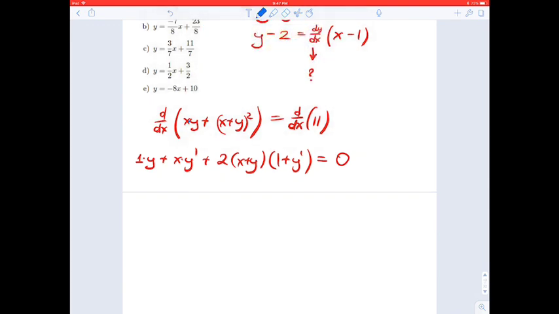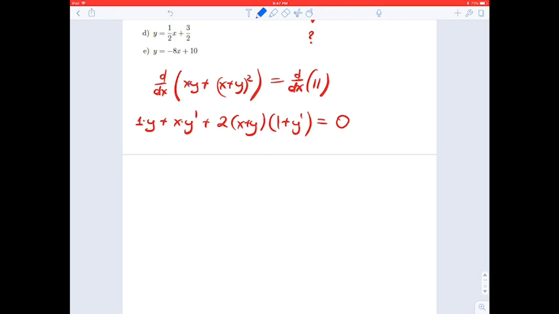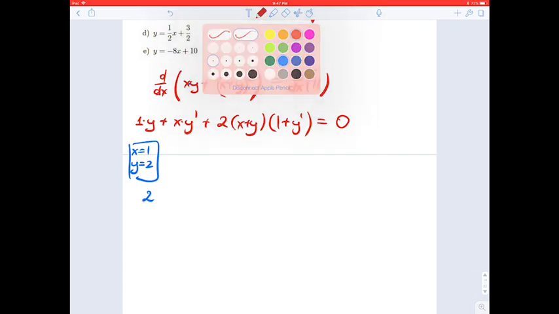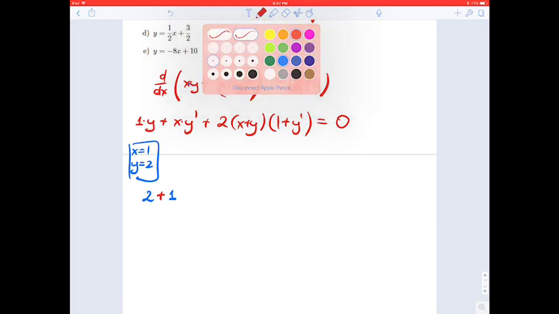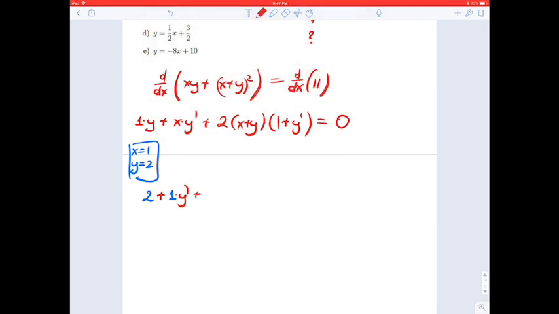And the same thing, I'm going to take advantage of my point (1, 2), and I will substitute into my equation. 1 times y, this is just y, and y is 2. 1 is what we substitute for x, and then y prime. 2 times (x plus y), 1 plus y prime, equals 0.